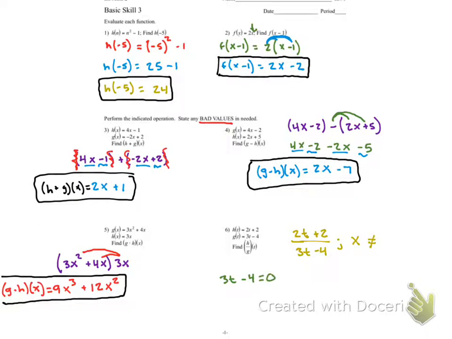We take the denominator, set it equal to 0, and simplify. We add 4, 3t equals 4. Divide by 3 on both sides, and we get that t equals 4/3. Let me change this to an x. Oops.